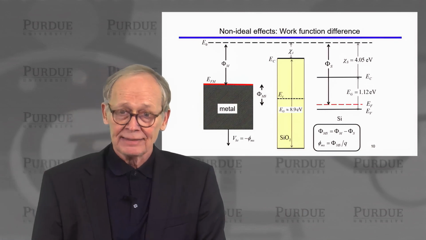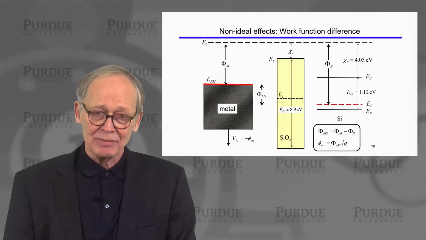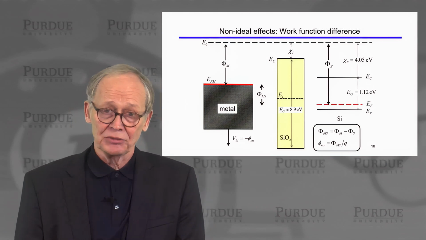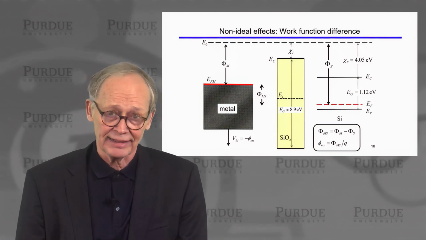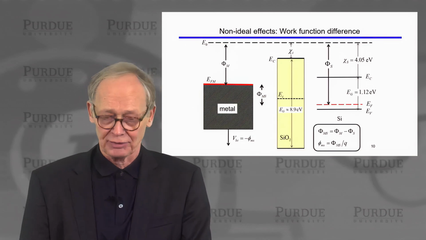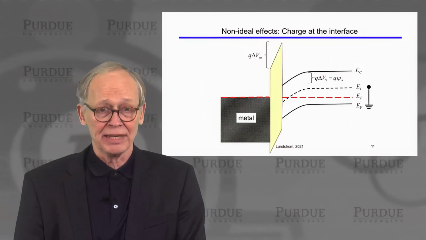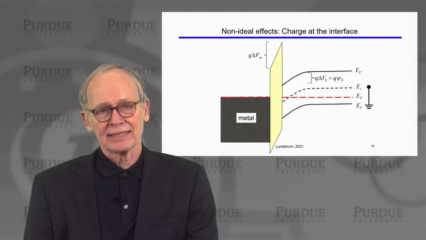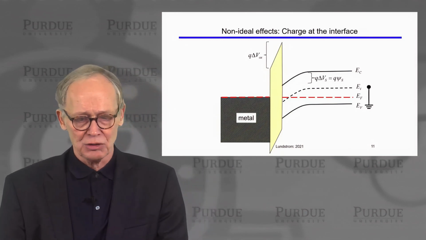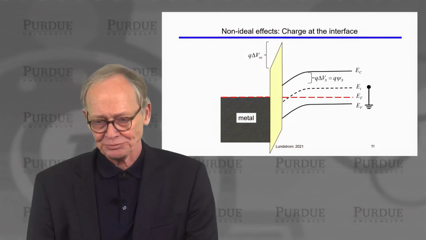So what that means is that when we apply VG equals 0, we already have a built-in voltage on the gate before we've applied an external voltage. So the bands are already bent. And typically for a p-type semiconductor, we'll find that the semiconductor is depleted with no voltage applied to the gate.